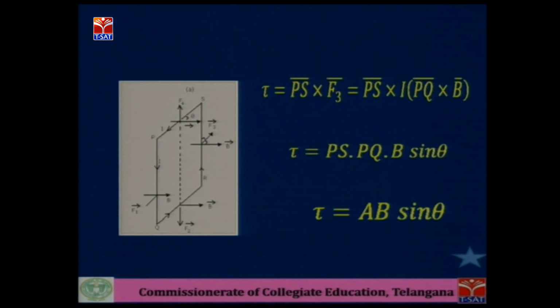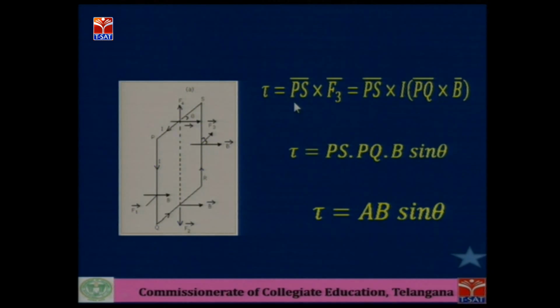We know the formula for torque is the perpendicular distance between the two force components, let us say PS, crossed with one of these forces, either F3 or F1, because both are equal in magnitude.